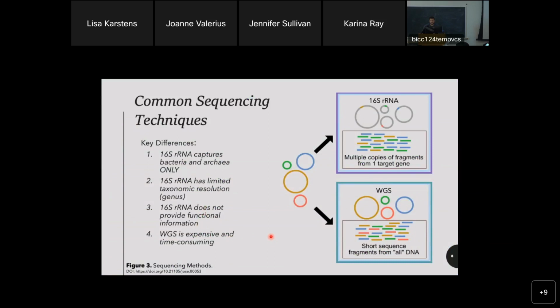There are some differences in methodology that are taken by these two sequencing techniques. So 16S RNA sequencing targets the 16S ribosomal RNA subunit gene, and this is found in bacteria and archaea.